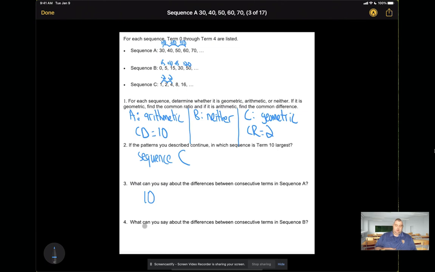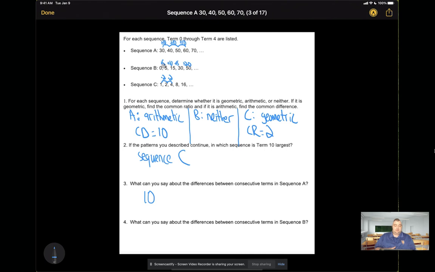Number 4, what can you say about the differences between consecutive terms in sequence B? Well, this one's a little different because 5 minus 0 is 5. 15 minus 5 is 10. 30 minus 15 is 15. 50 minus 30 is 20. So the differences between consecutive terms is increasing by 5.